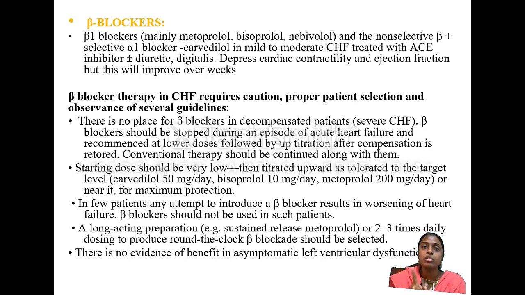At that time also, our heart will go into stroke. So here, beta blockers will reduce the contractility. It will compensate, so the relaxation and the contraction will be normal now. And it will also depress the ejection fraction.